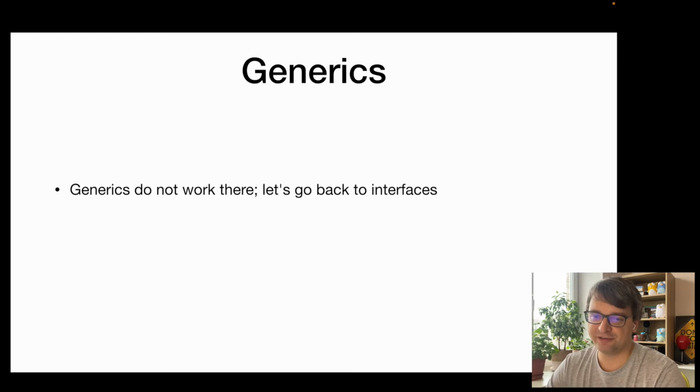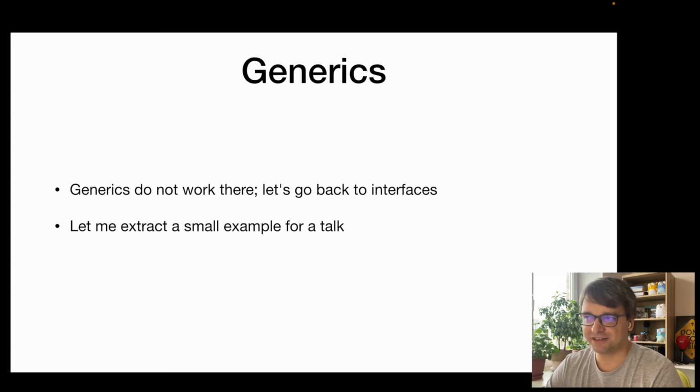And some time ago I was preparing to talk about how generics work and why they don't work for us, and I was thinking, okay, let me extract small examples just for the talk into a separate repository, so it would be easier to show to people how they work and how they don't. And FerretDB is quite a large code base already, so in a small repository that would be easier to understand.